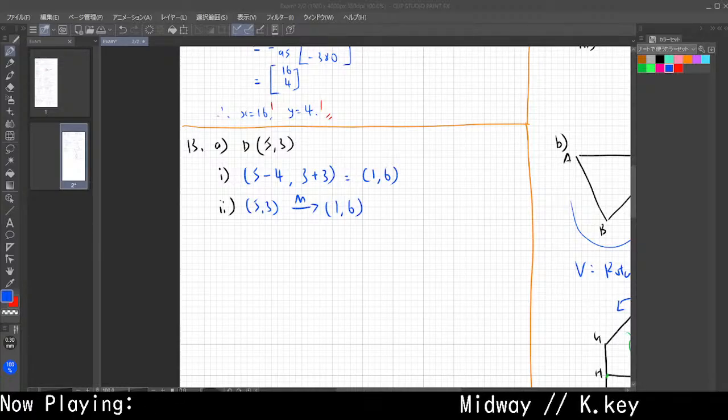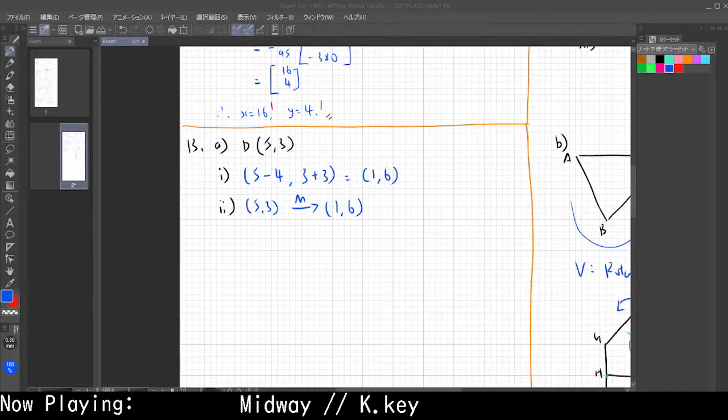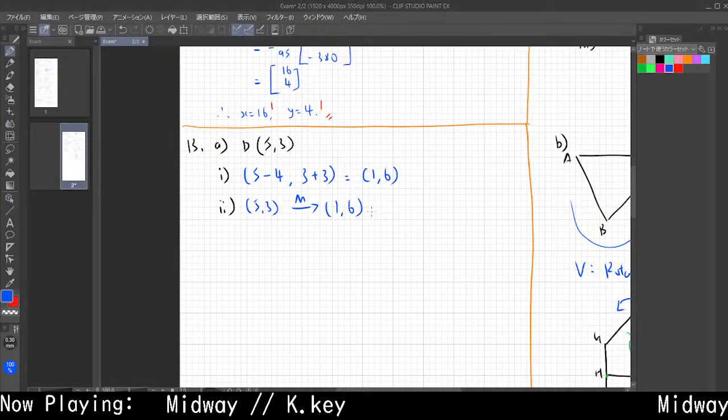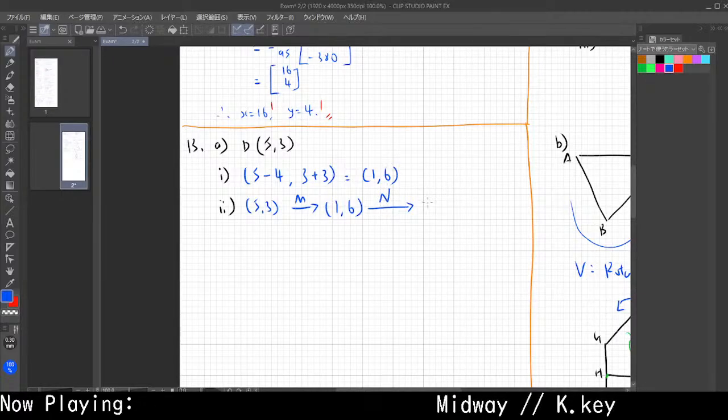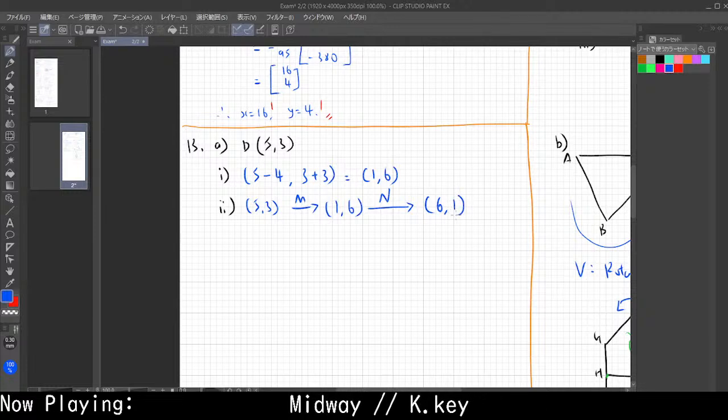It looks hard, but it actually has a simple consequence of just flipping the coordinates of your points. So in this case, 1, 6 going through the reflection N is transformed into 6, 1.